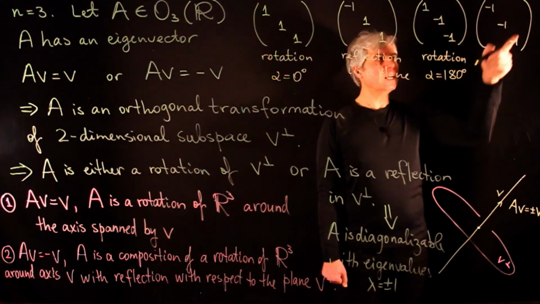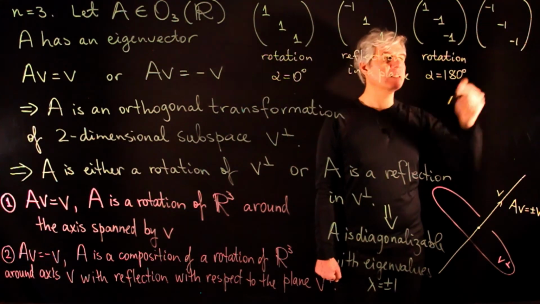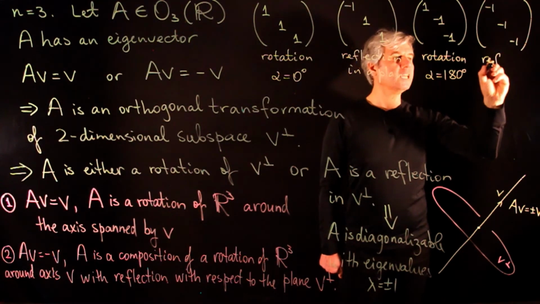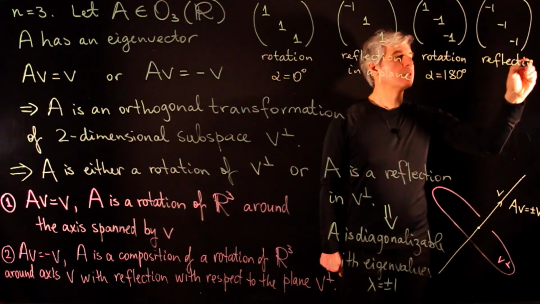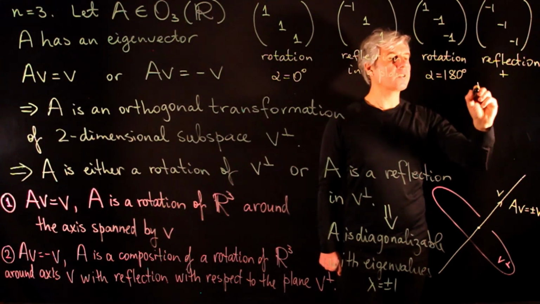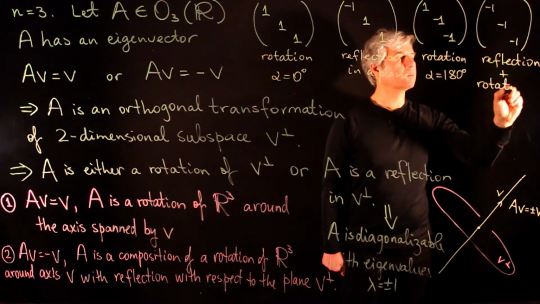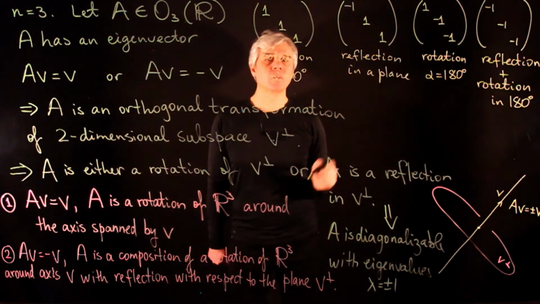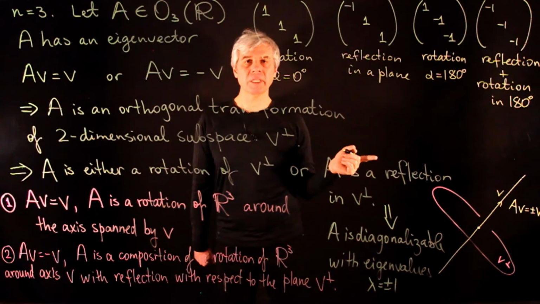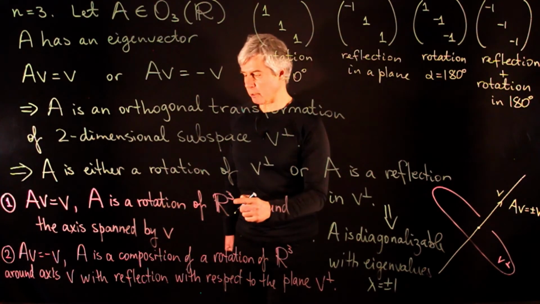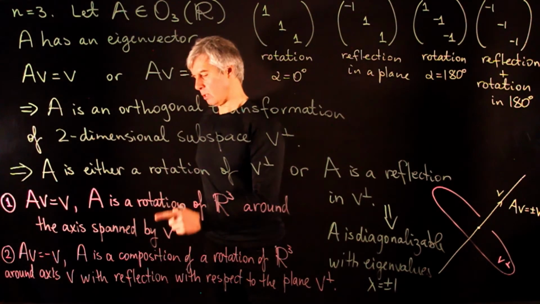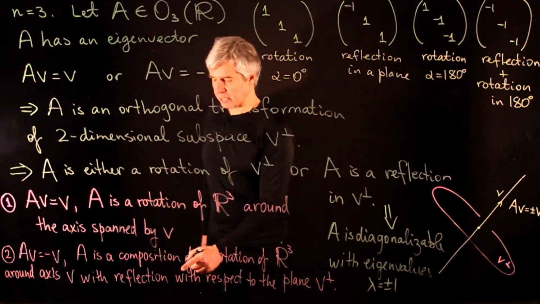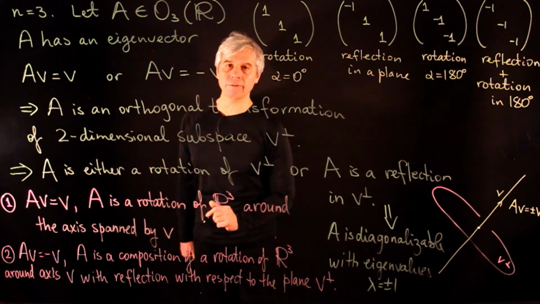And the last case is when we have minus identity transformation. So this can be interpreted as a reflection together with a rotation in 180 degrees. We conclude that the diagonalizable case also can be incorporated in these two cases, when we have a rotation around some axis or a composition of a rotation with a reflection.